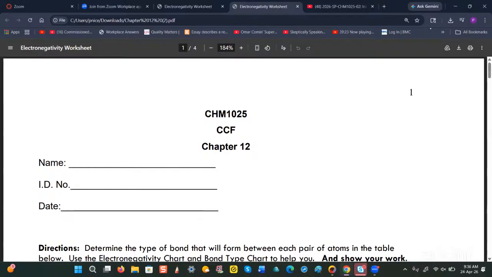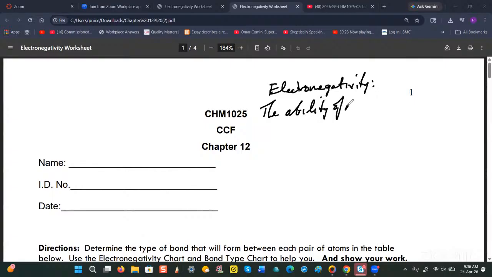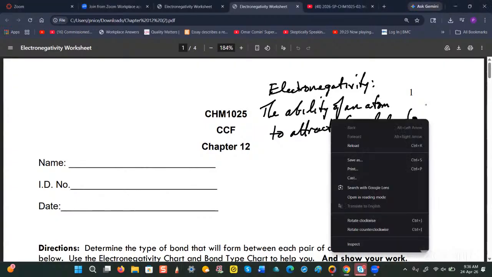So to put it into words right here, electronegativity is the ability of an atom to attract shared electrons, all right? So that's what electronegativity is, right?